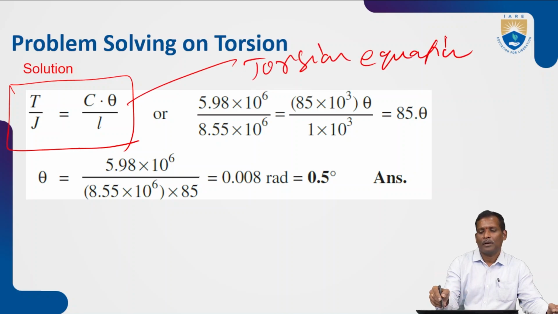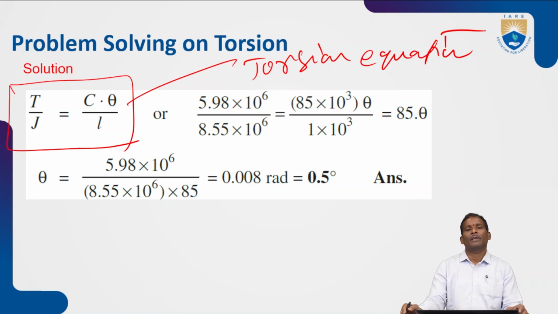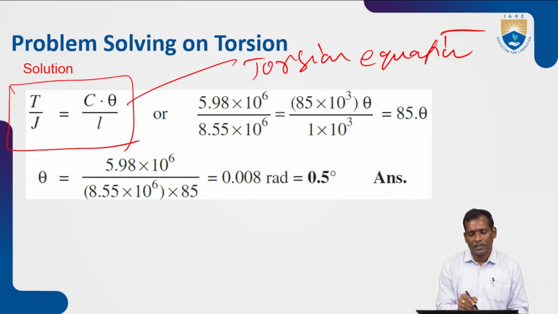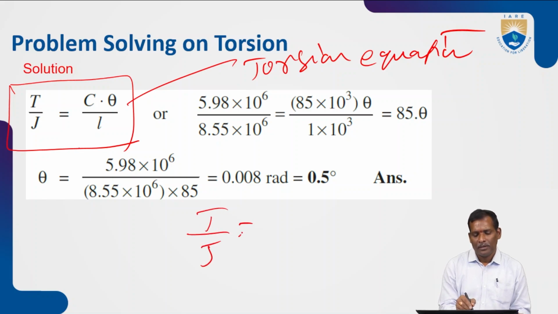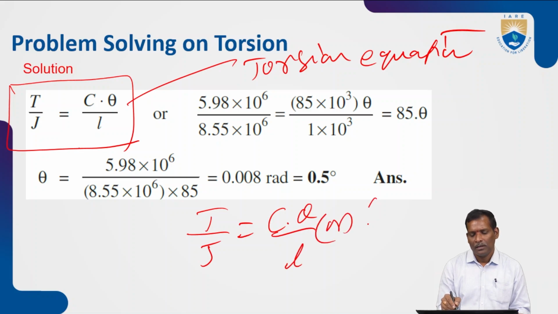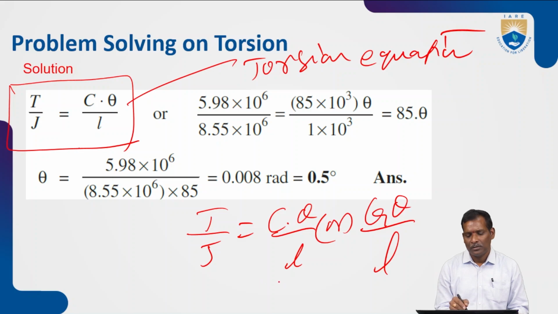Now apply the torsion equation. The torsion equation we have already derived in the theory part. T by J is equal to C theta by L, that is G theta by L, which is equal to tau by R, the shear stress.